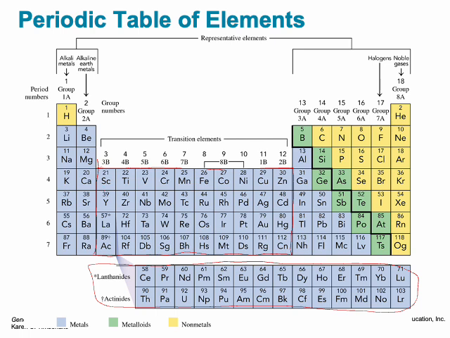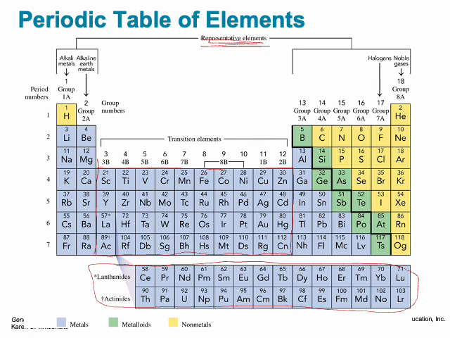And everything outside of this, which is this portion on the right side and this portion on the left side, groups 1A, 2A, 3A, 4A, 5A, 6A, 7A, and 8A, these are regarded as the representative elements.